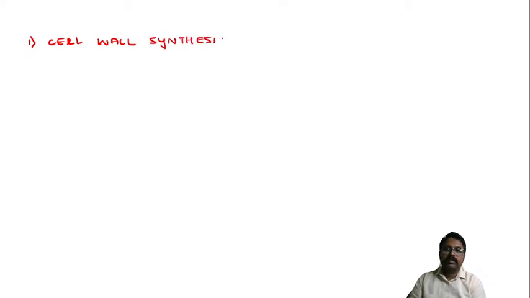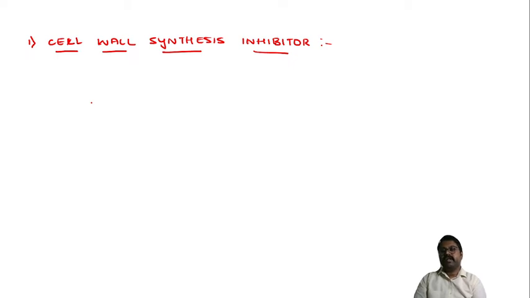So first coming to the cell wall synthesis inhibitors. You need to remember an easy mnemonic to remember the drugs which are inhibiting the cell wall synthesis.